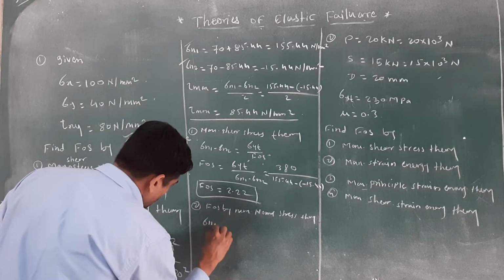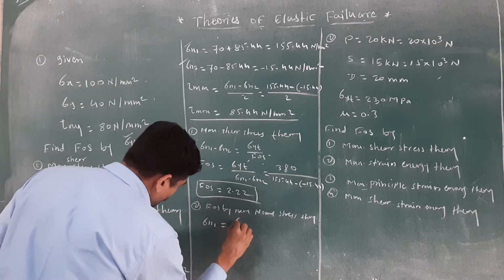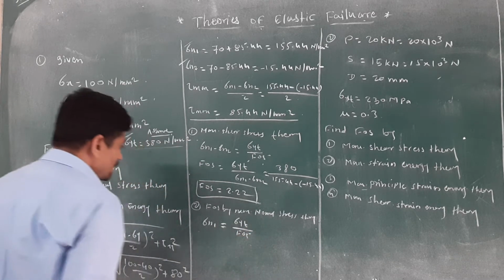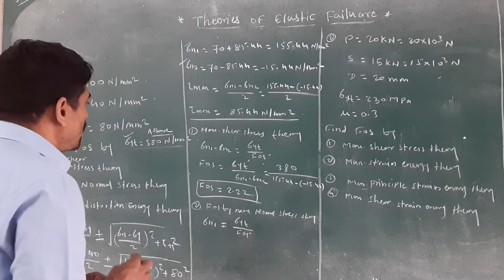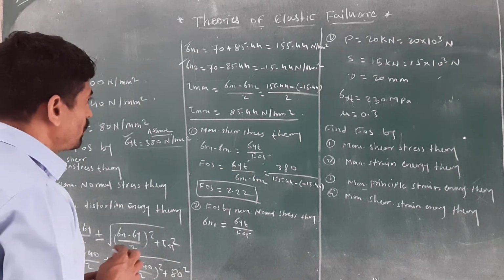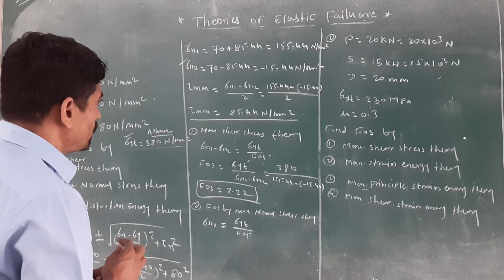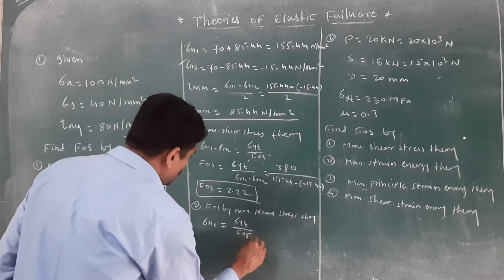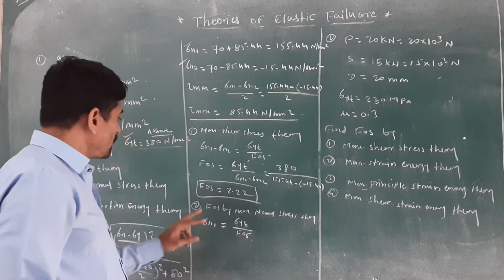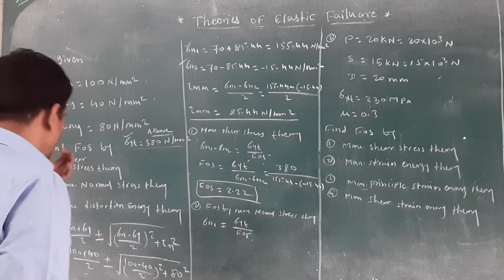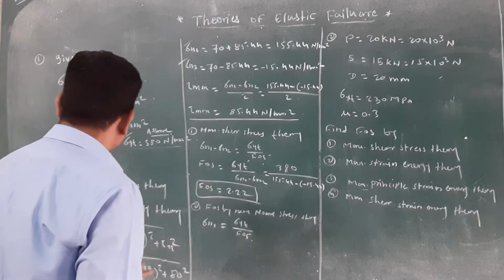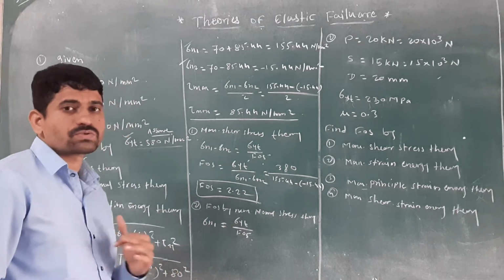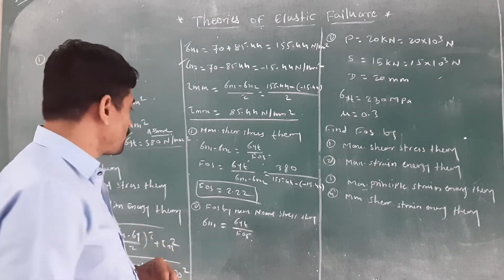We know sigma N1 is equal to sigma YT, yield stress, divided by FOS. We know the sigma N value, right? And here we want to calculate the factor of safety for maximum principal stress theory and minimum principal stress theory, and we want to choose the better value.